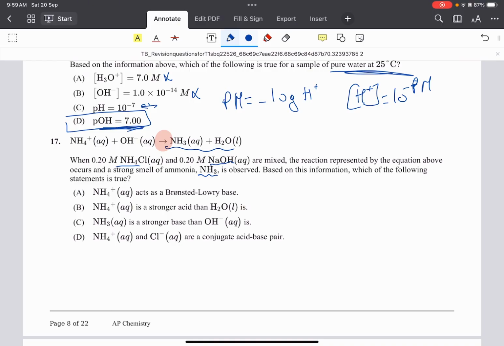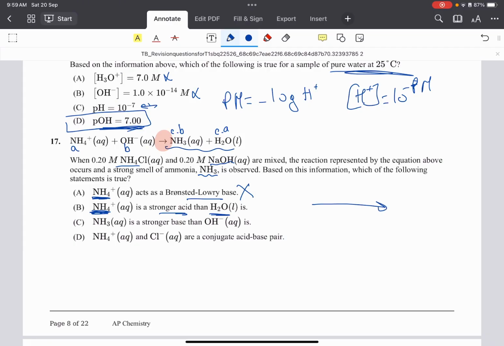NH4 plus acts as a base? No, this is an acid, this is a base, this is a conjugate base, this is a conjugate acid. NH4 plus is a stronger acid than H2O. Yes, look at the arrow. It's only one side.